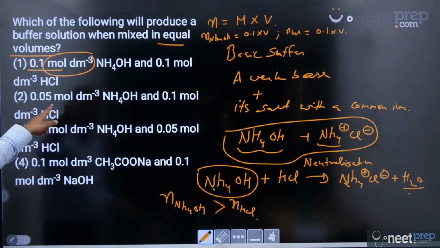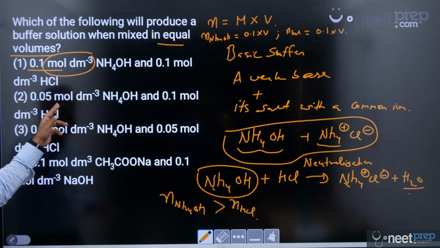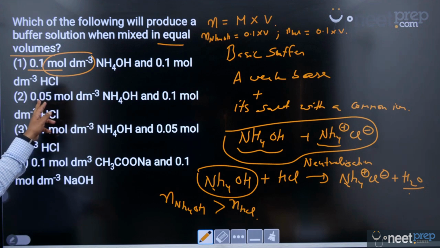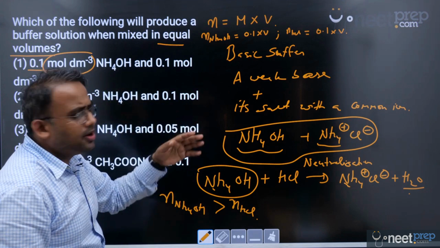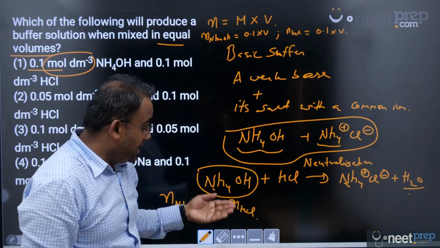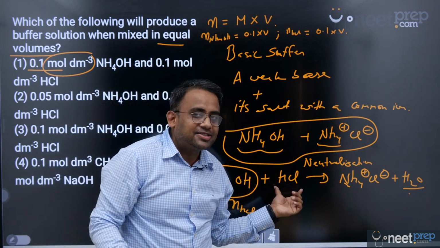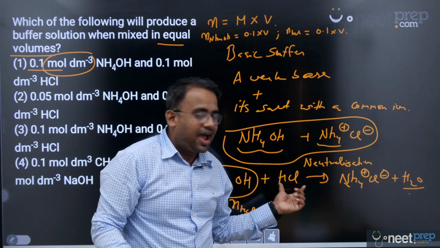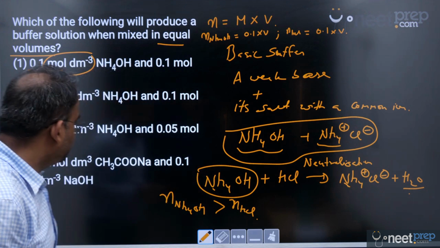Now in the second case, if you again use this relationship, you will find that the number of moles of ammonium hydroxide will be 0.05 V, and 0.1 V for HCl. Some maths is involved, you can easily do it. In the end I will have some HCl left, but it's a strong acid, not a weak acid, and strong acids are not at all involved in any kind of buffer solution.